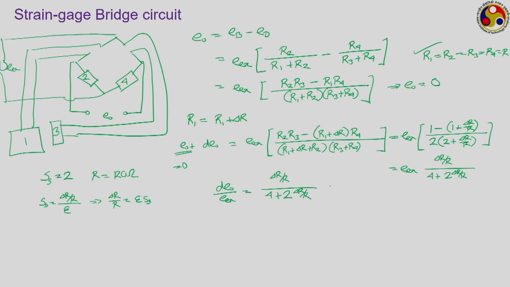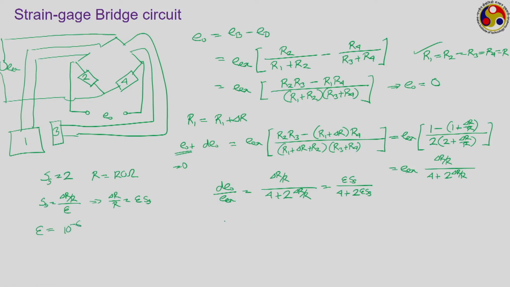So, if we put it back here, we have epsilon S g divided by 4 plus 2 into epsilon S g. Now, if we are looking for an extremely small resistance measurement like epsilon equal to 10 to the power minus 6, like in the previous scenario, then what are we going to get?